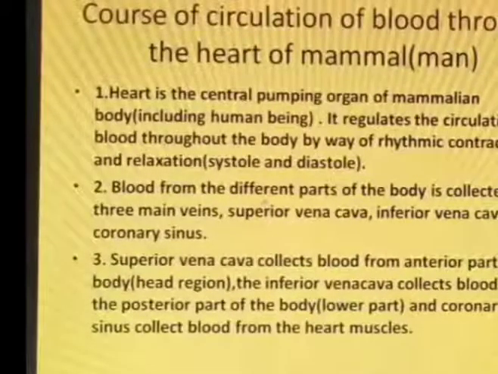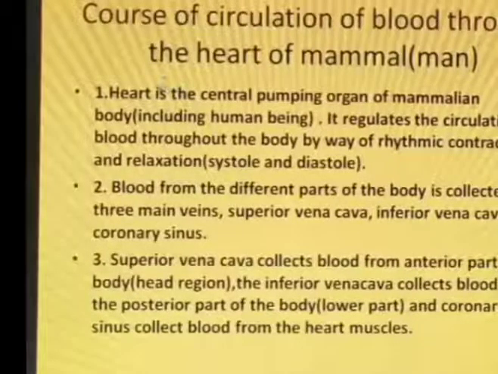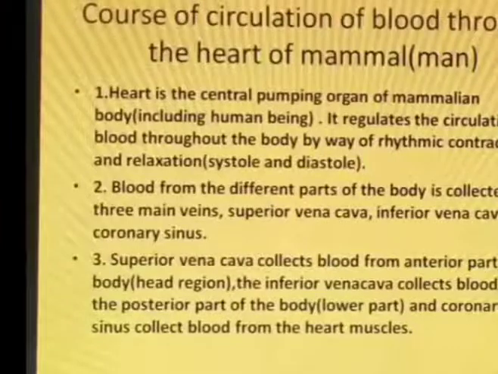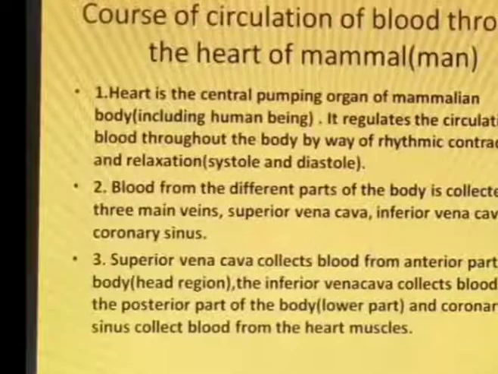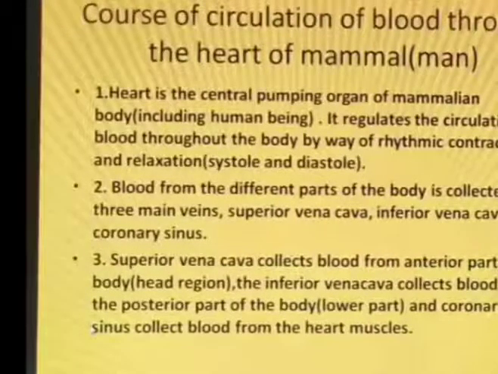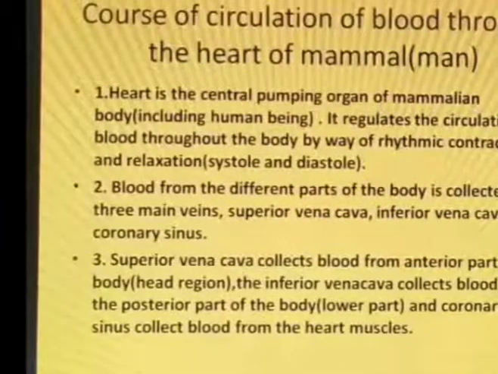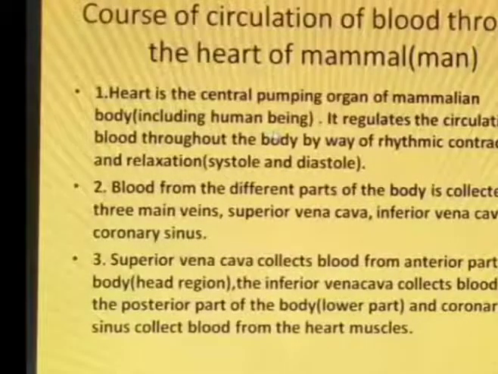Now let me discuss the circulation of blood through the mammalian heart. The circulation of blood through the mammalian heart was first described by William Harvey in 1628. The heart is the central pumping organ of the mammalian body, including human beings.